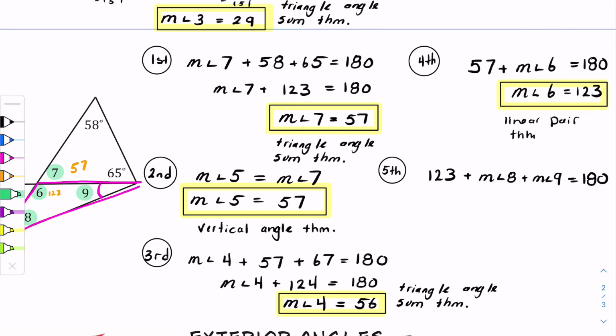Just bear with me for a moment. I'm going to write the measure of angle 8 and the measure of angle 9 both as the variable x because they are both equal to the same thing. So I'm going to write a note: because the measure of angle 8 and the measure of angle 9 are equal, I replace them with the variable x.